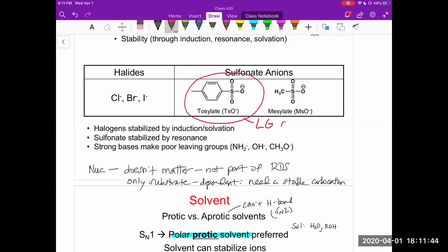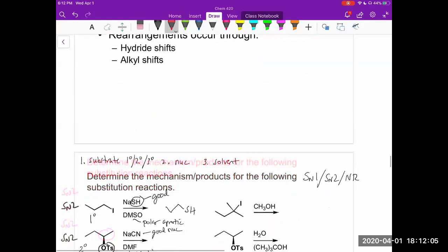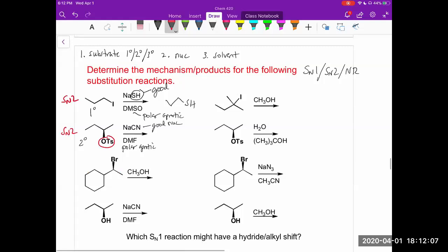It's a good leaving group. We'll learn more about those when we get to the alcohols chapter. And so it's a super good leaving group. So it's an SN2. We're going to have inversion. So CN will be going back.